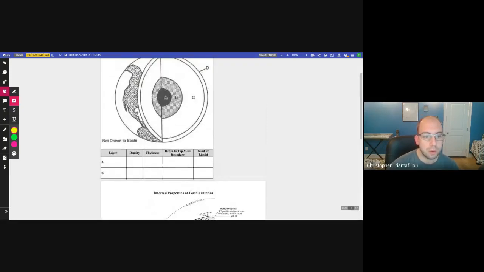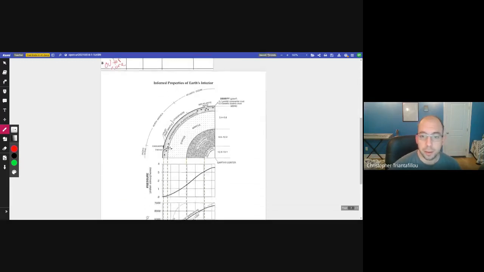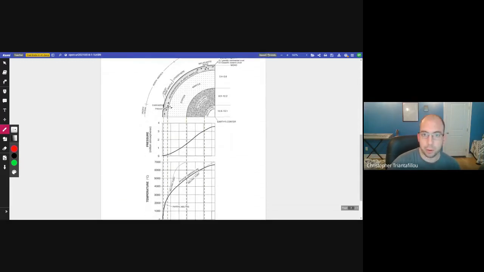So let's do B. So B right here, that's our outer core. So let's find the density. So here's our outer core right there, there to there.